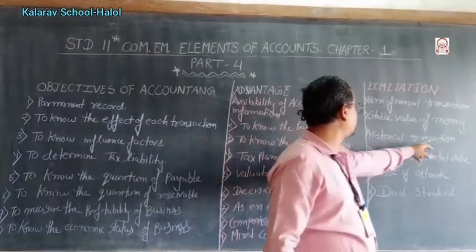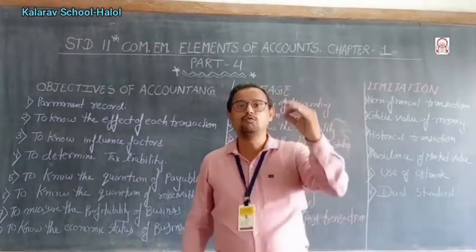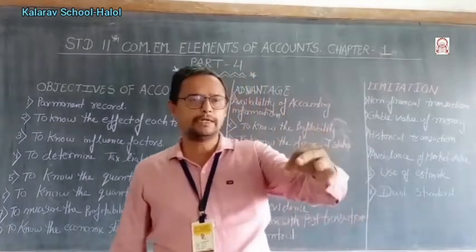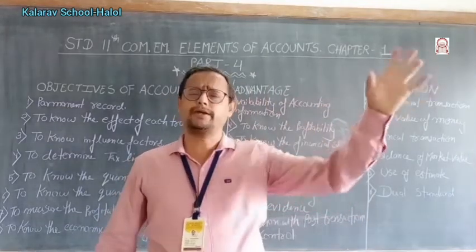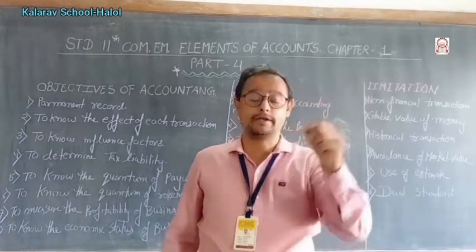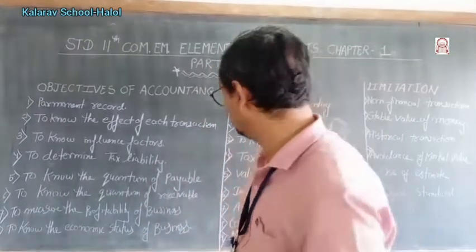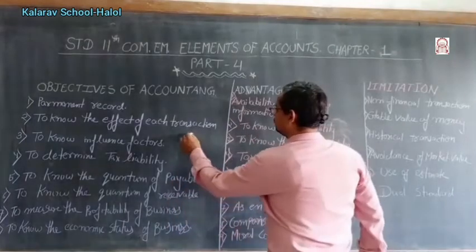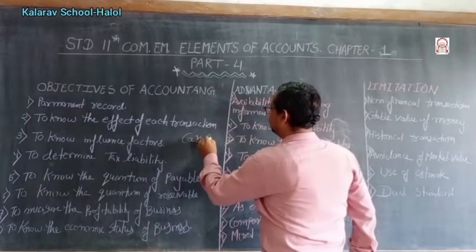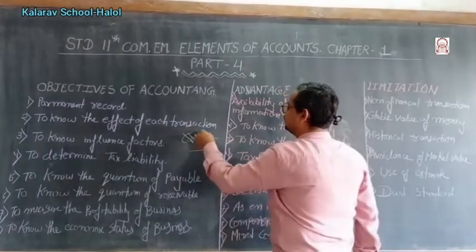Next, historical transaction. Historical transaction means once you mention any mistake, okay, you can't rectify it in a simple way. Lastly also I told you, if I am writing this way, suppose I have written cash account debit to so and so account and this is wrong, so I can't do it like this way in account.